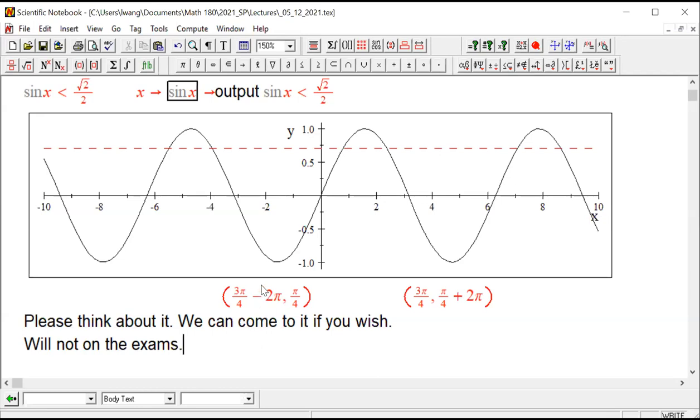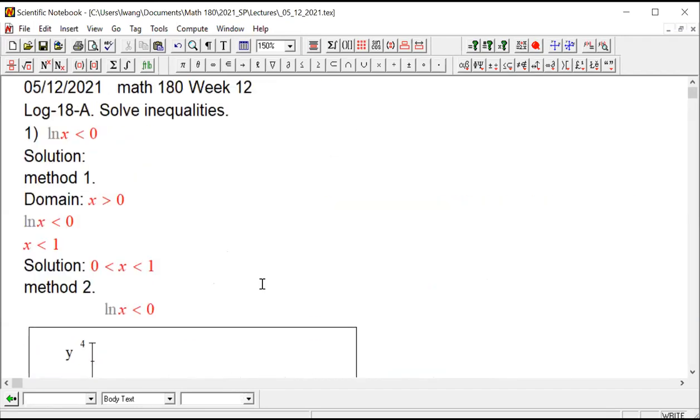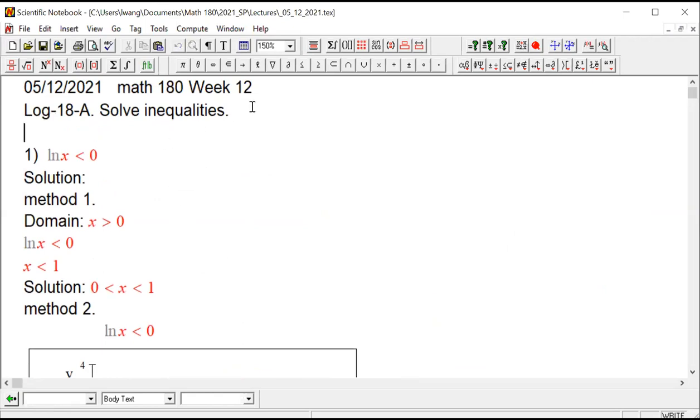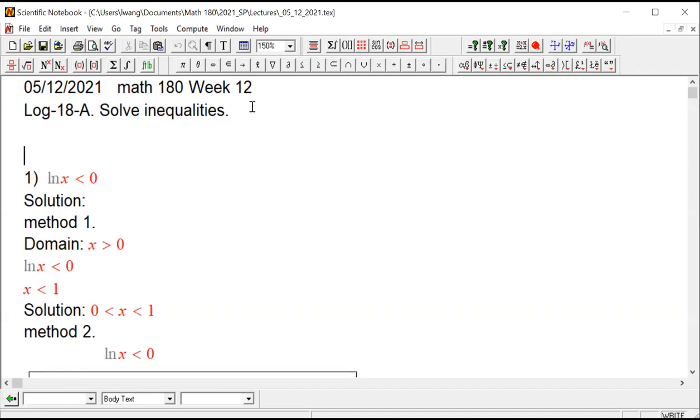All right, so that's question number 1. We just did question number 1 in 18A. So we addressed the importance of increasing functions.